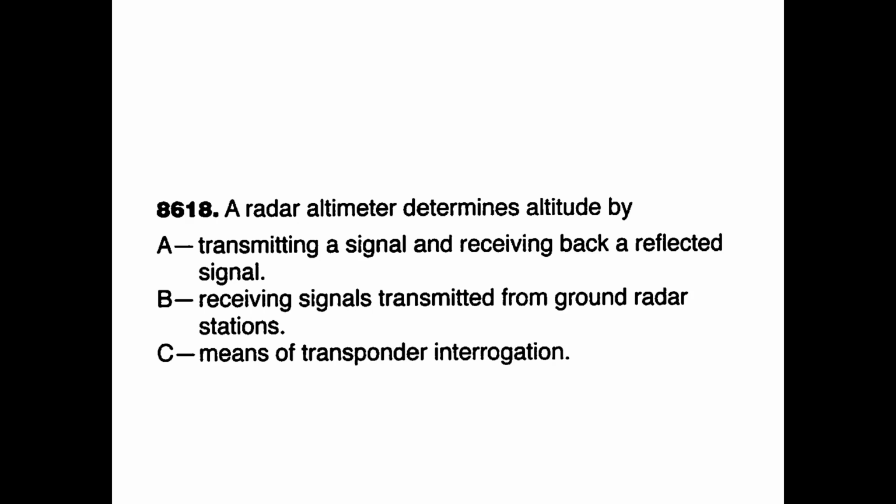A radar altimeter determines altitude by A, transmitting a signal and receiving back a reflected signal. Yep. B, receiving signals transmitted from ground radar stations. Or C, means of a transponder interrogation. No, definitely. Should get 100% on that one.